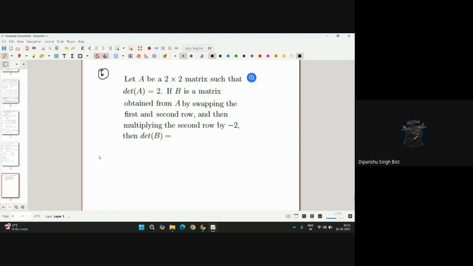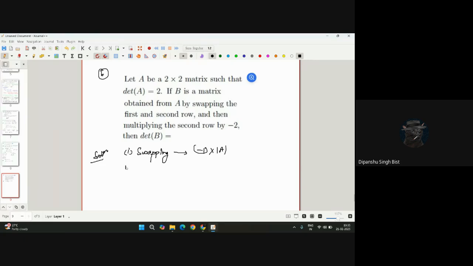We have seen this, right? 3 operations with determinant. If you swap some rows and columns, swapping means you need to multiply the value of determinant by -1. Correct?